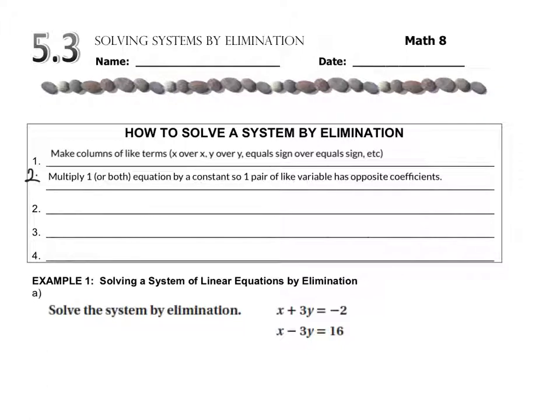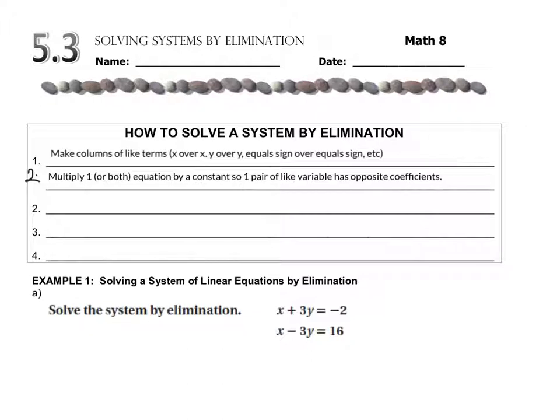If I had 5a, for example, the 5 is called a coefficient. The word opposite means one's positive and one is negative. So for that same 5a, the opposite coefficient would be negative 5a. Opposite coefficients: the coefficient being in front of the variable, the opposite meaning the same number, but positive versus negative.